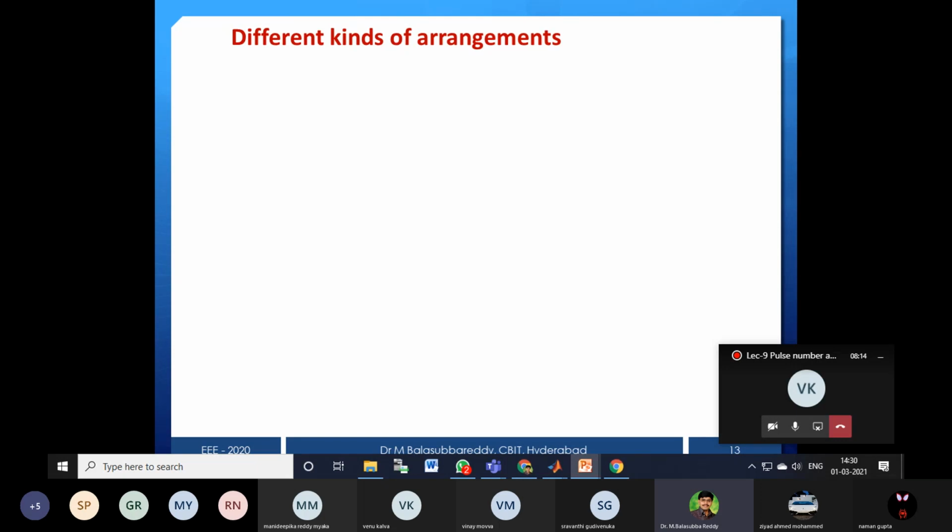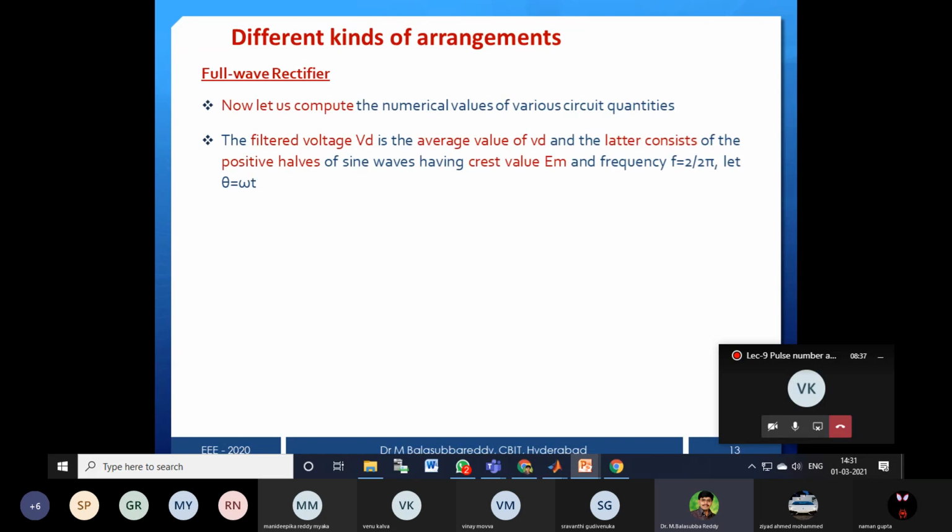If valve rating is more, then automatically the cost of the valve will be high. That is the reason we need to identify the suitable rating of valve required for the particular connection. In that scenario, we discussed half wave and full wave. Now we will see what valve rating is required.